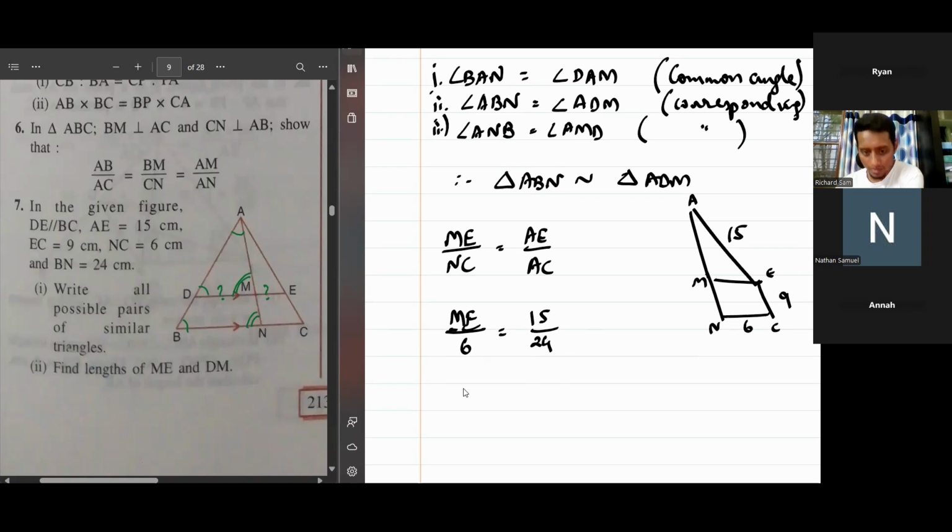So then now take 6 on the other side. Three fives are fifteen and three eights are twenty-four. Here 3 2s are 6, 2 threes are 6, 2 fours are 8.